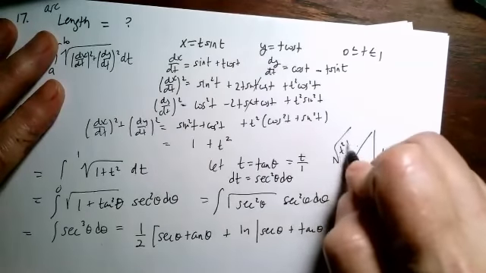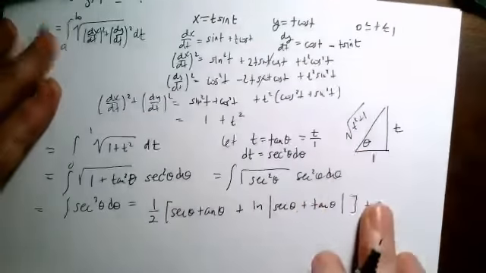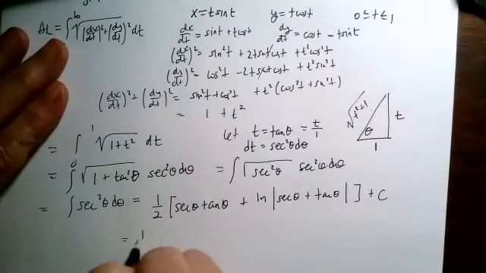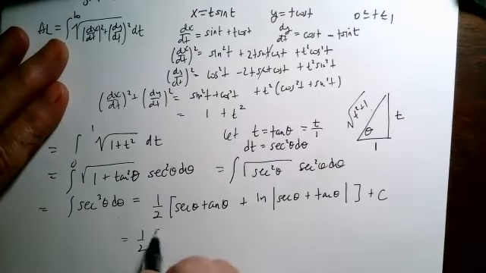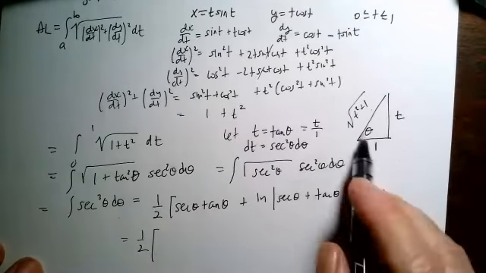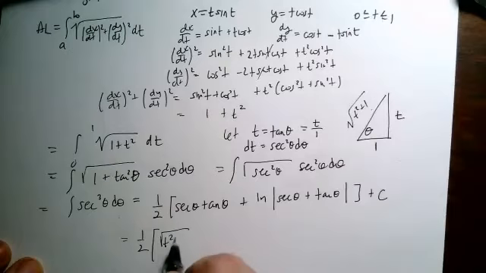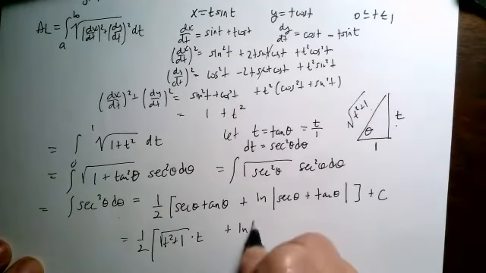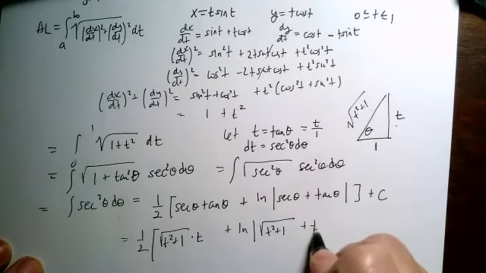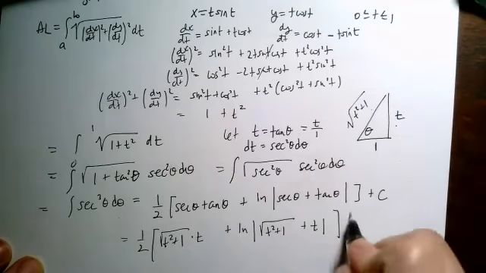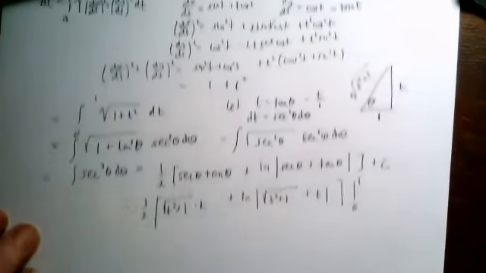Square root of t squared plus 1, right? So what is the secant of this triangle? Secant is root t squared plus 1. Tangent is t. And then we'll have the log of root t squared plus 1 plus t. And we need to evaluate this between 0 and 1.